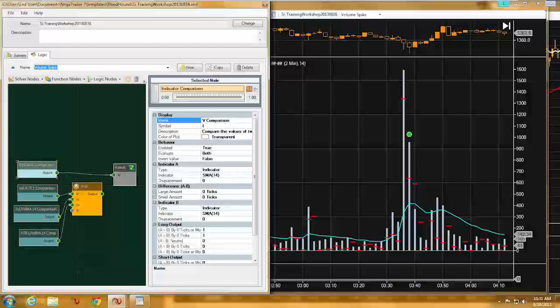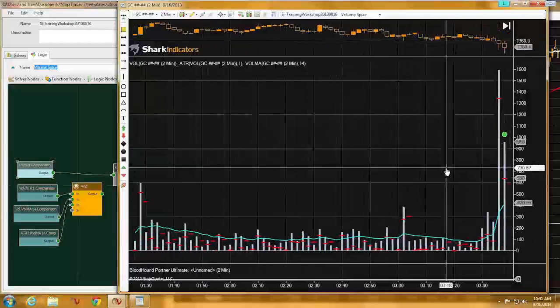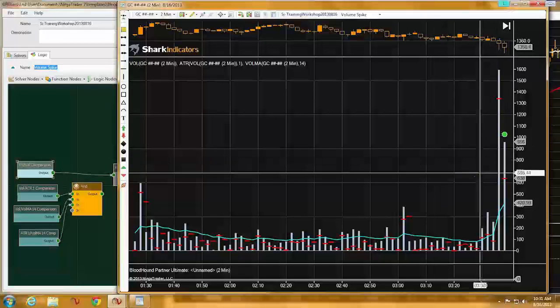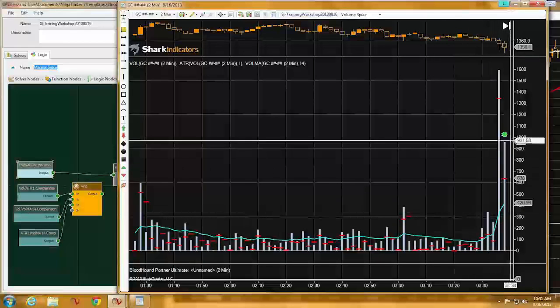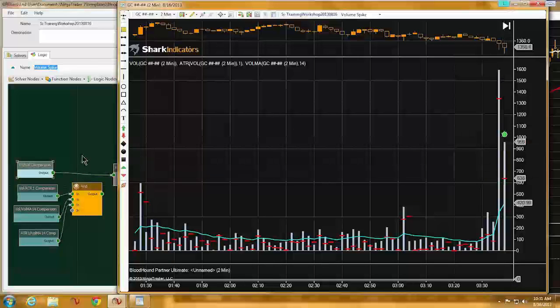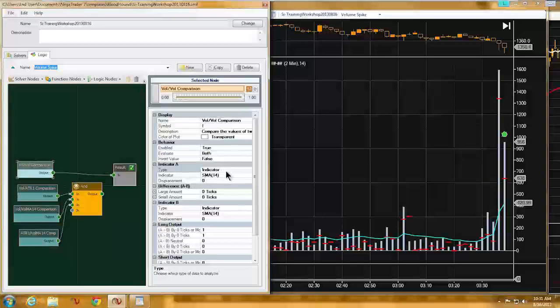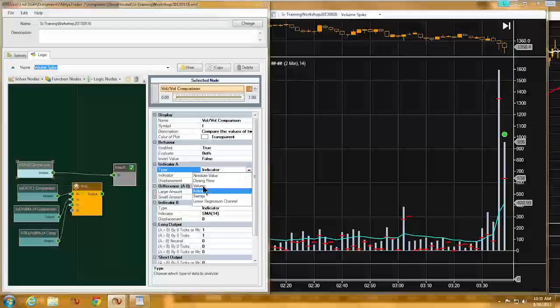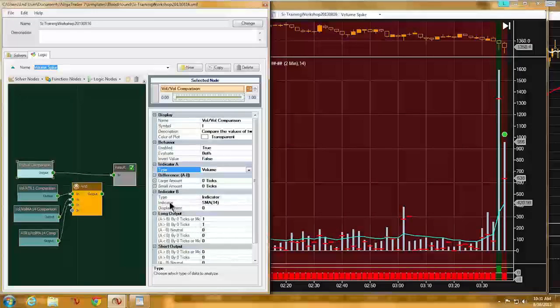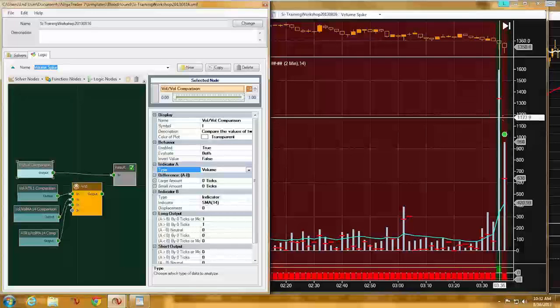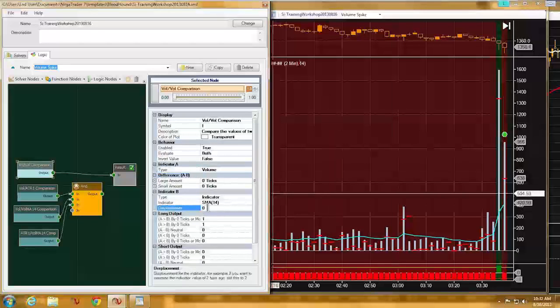All right, so we're going to compare volume against volume. So indicator A is going to be our current bar. So I'm going to slide the chart all the way over so that this is our current bar. I'm going to set this over to the volume. And now in order to get the volume of 1 bar back, I have to use the displacement parameter.